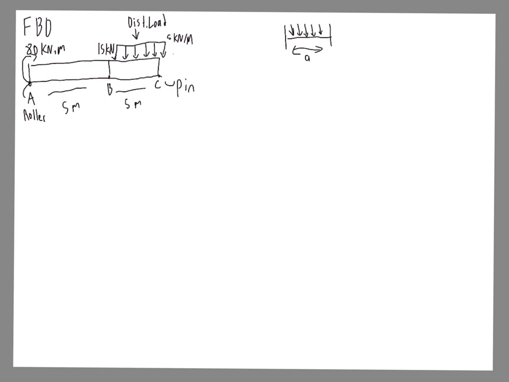Okay. So, what we need to do is right here we have 5 meters, and right here it says 5 kilonewtons per meter. This is very simple. We just go 5 meters times 5 kilonewtons over meters, which cancels out the meters, leaving you with 25 kilonewtons.